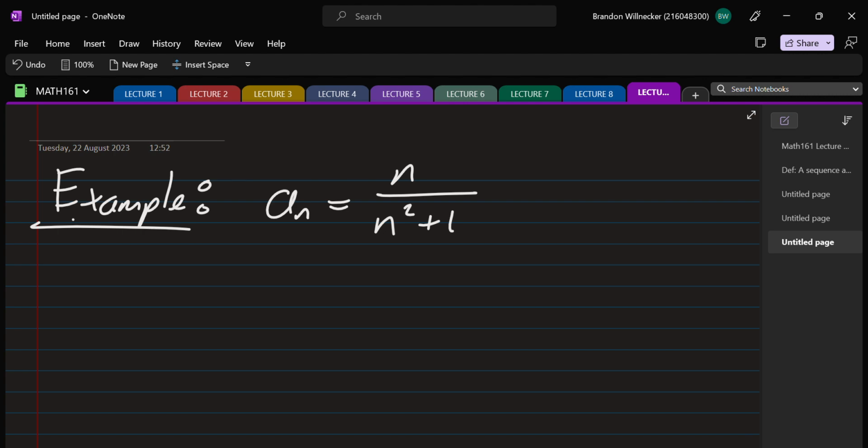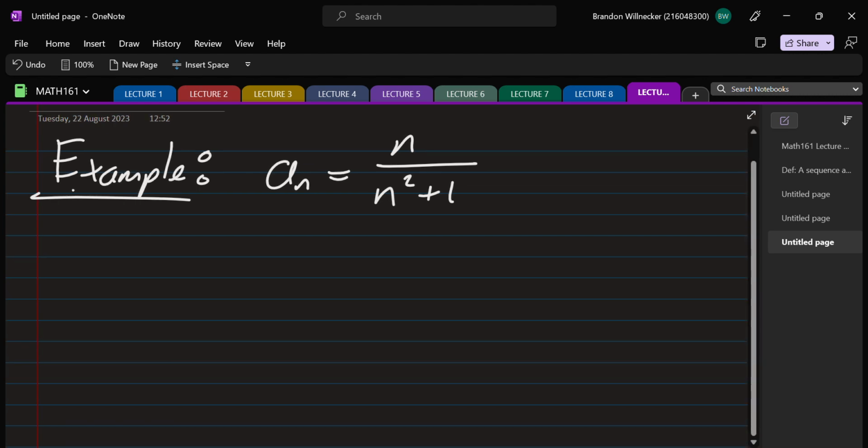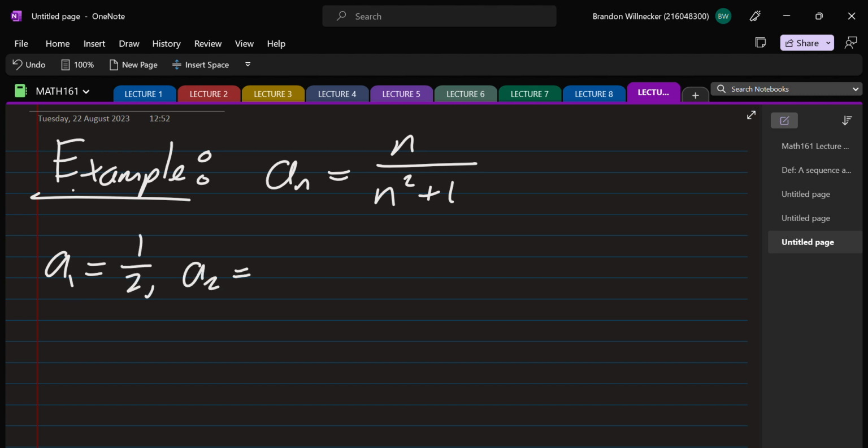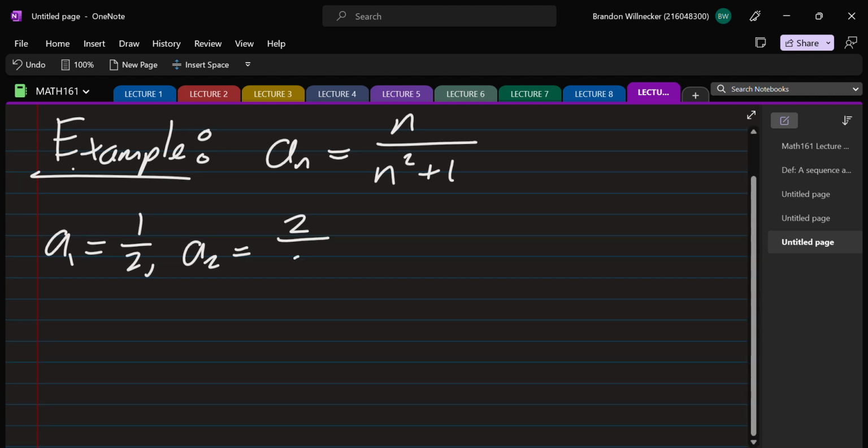We're just interested if it is convergent, not in what the limit value is. So let's write out a couple terms to see if it's increasing or decreasing. Remember, it has to be one of those two to use the theorem. So a1 is just going to be a half. a2 is going to be 2 fifths.